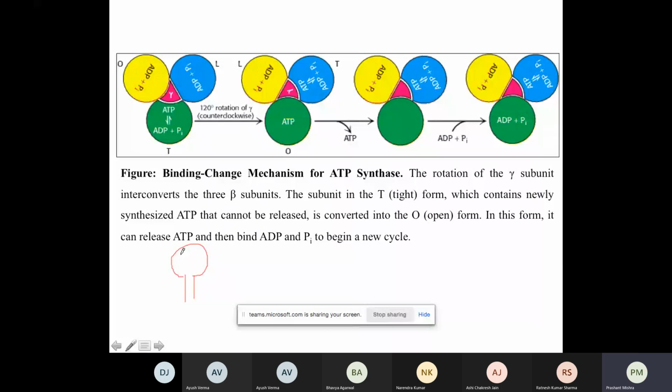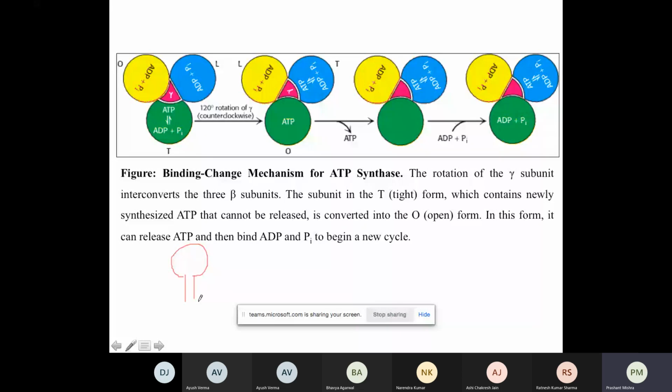What he says is that when the proton re-enters inside the mitochondria, there is a change in the structure of the protein. And when the protein structure changes, it keeps ADP and Pi close. So there is a tight binding site, there is a loose binding site.